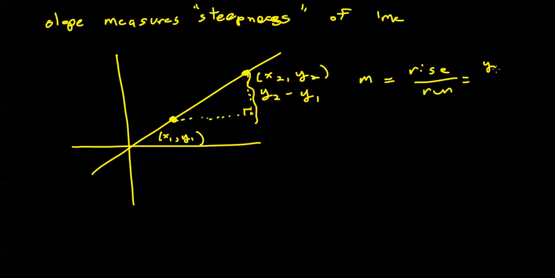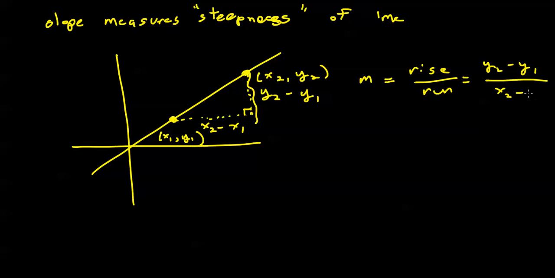So my rise I will define as y2 minus y1, where y2, y1 are the corresponding y coordinates of those 2 points on the line. And the run, of course, is going to be the difference of the x coordinates, x2 minus x1.